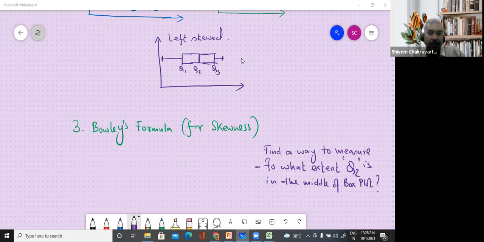So, Bowley's formula. Now, look at this formula. This itself will give a measure of the extent to which Q2 is in the middle. Still, to make it even more robust, we have this difference also.